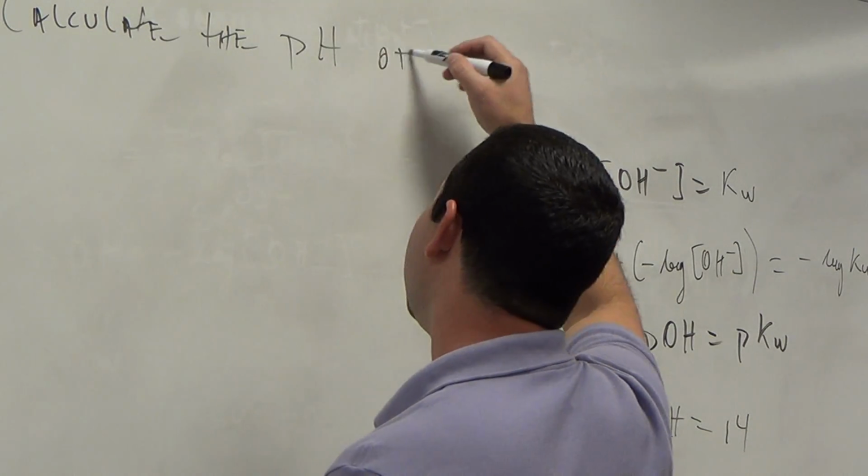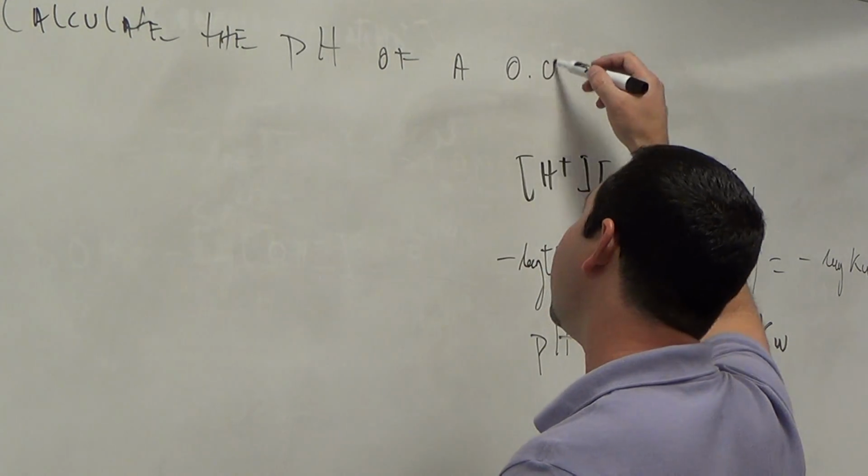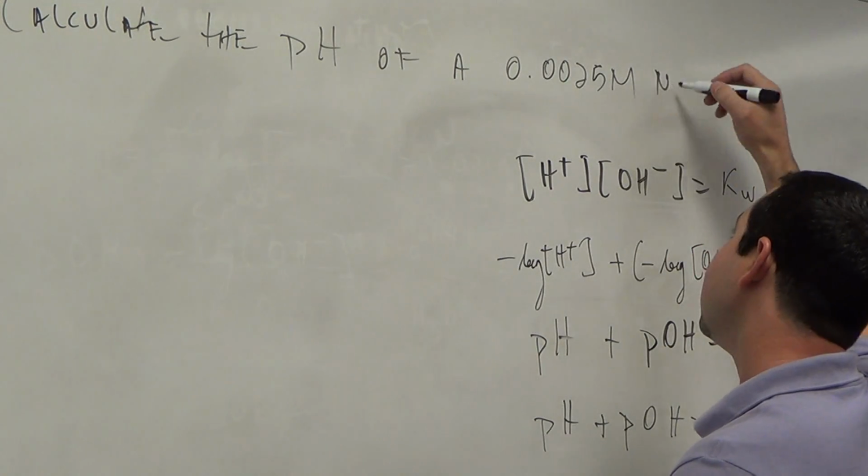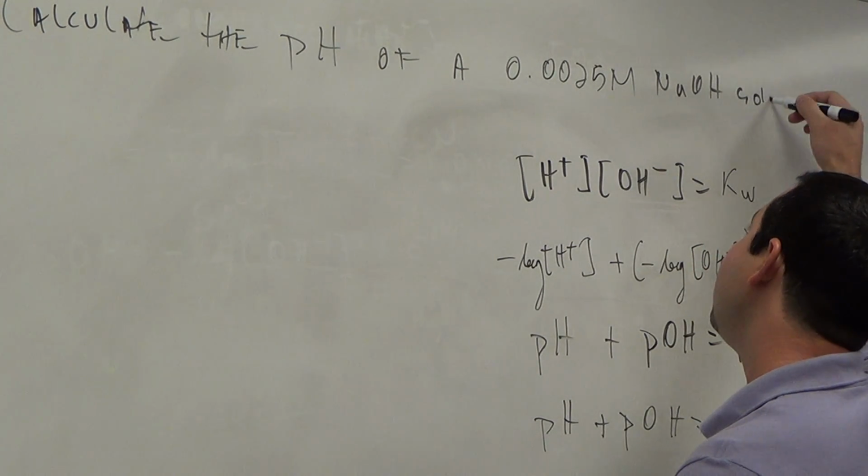Calculate the pH of a 0.0025 molarity sodium hydroxide solution.